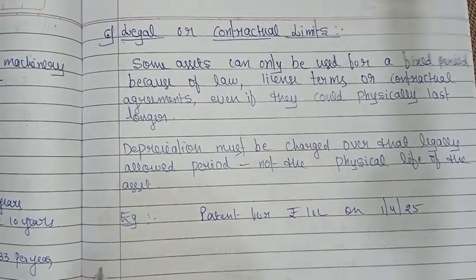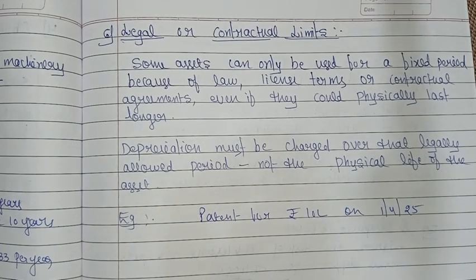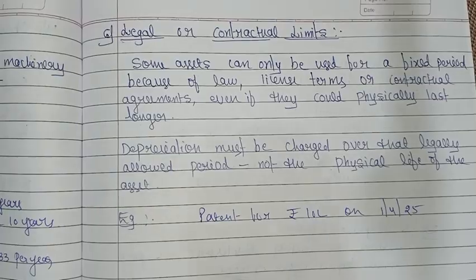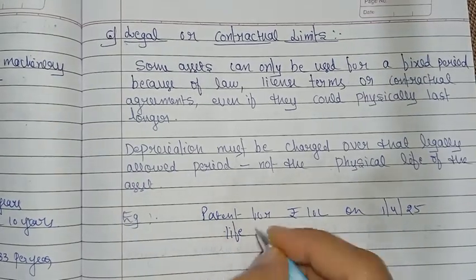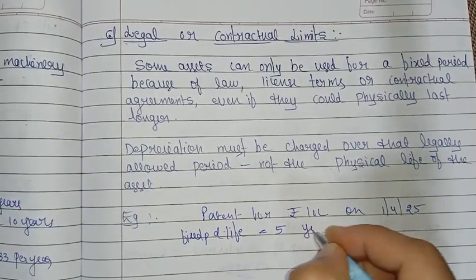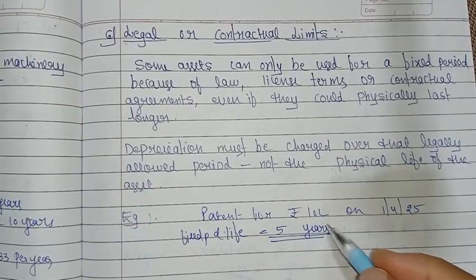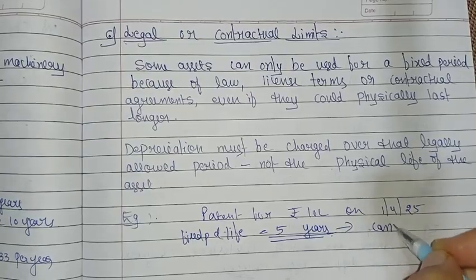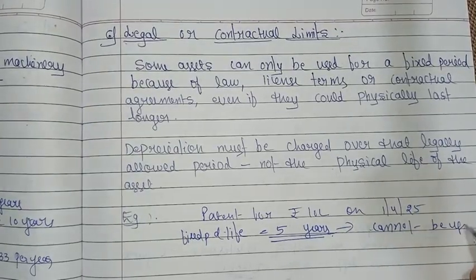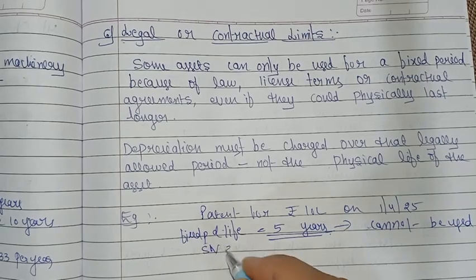The patent is legally valid for a fixed period because of law, license terms or contractual agreements, that is 5 years. After 5 years it will expire and we cannot use it. The scrap value here is 0.